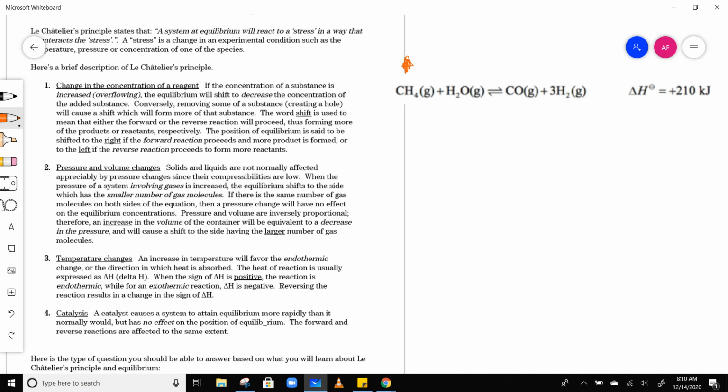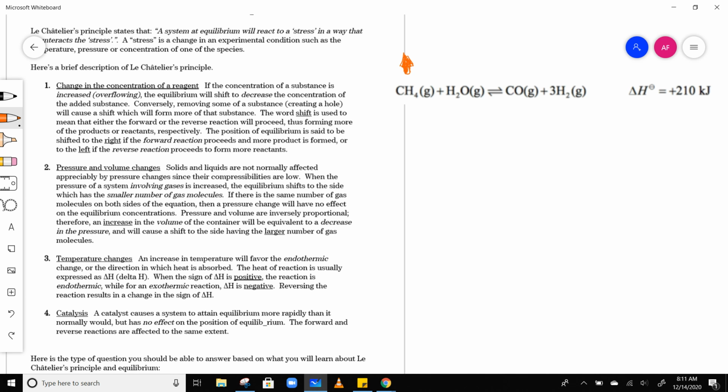This reaction is at equilibrium, and then we add some CH4 to this reaction. Now, what Le Chatelier says is this reaction will shift so that we can get rid of that stress and reestablish equilibrium.